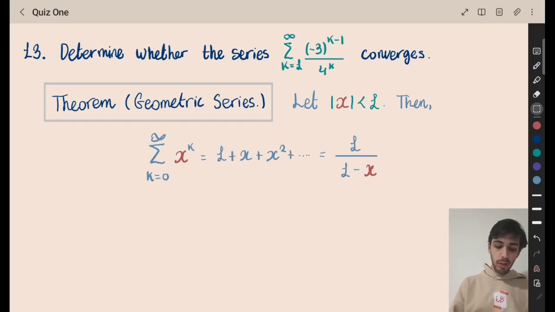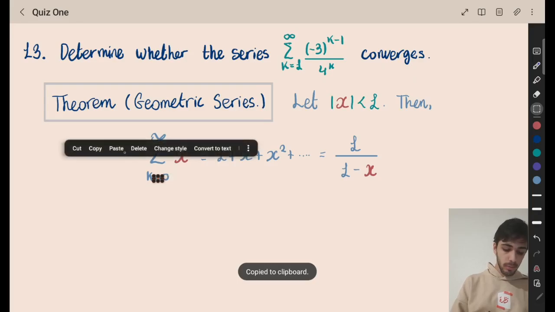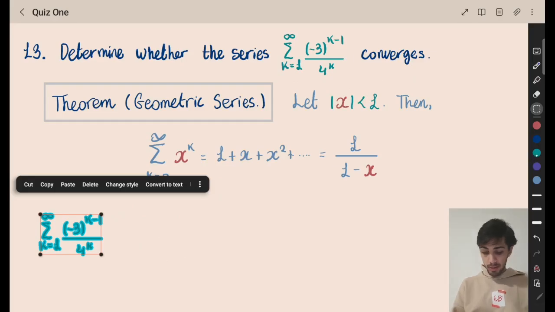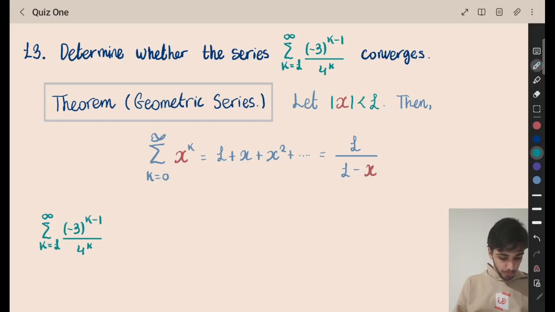So perhaps we would like to combine these two objects, the theorem and the series, and try to make something out of it. The goal eventually, if we assume that it is convergent, is to find this multiplying factor.